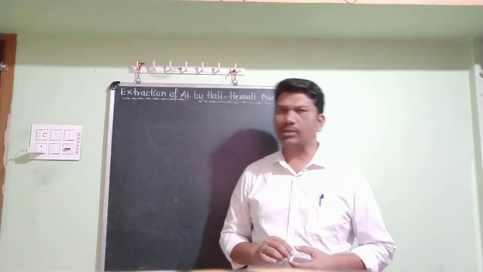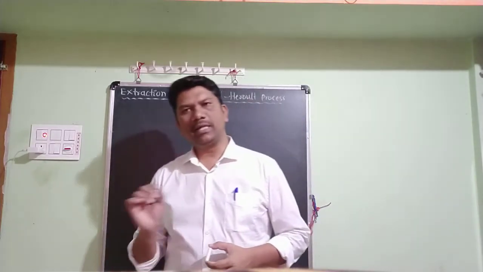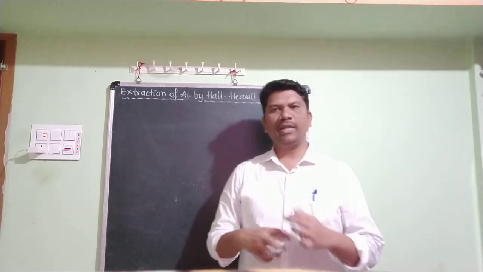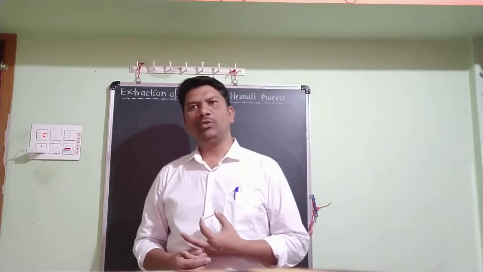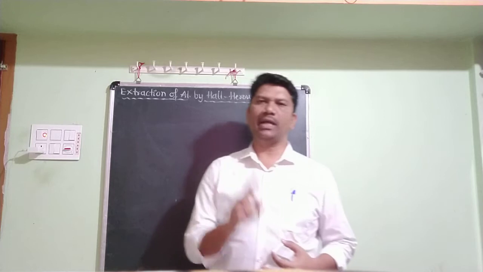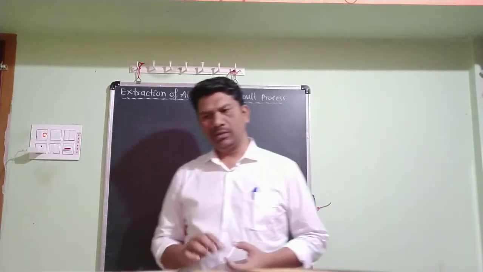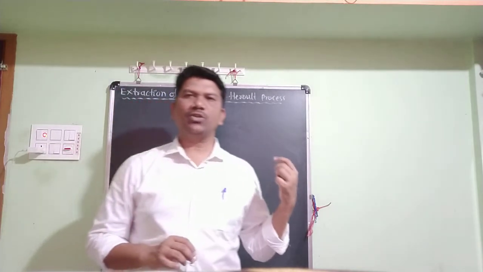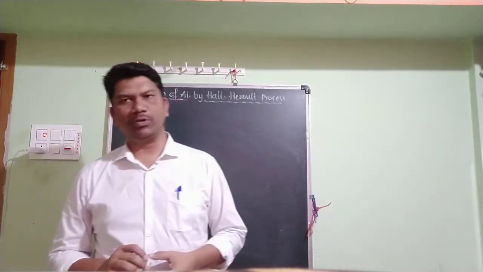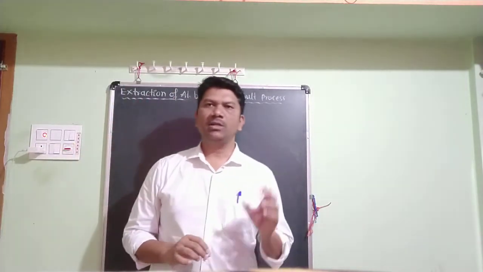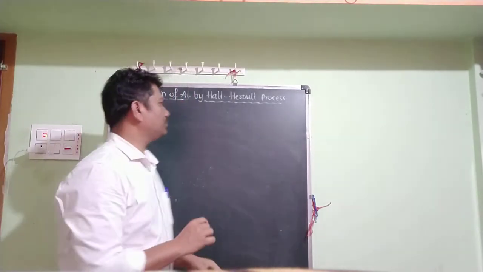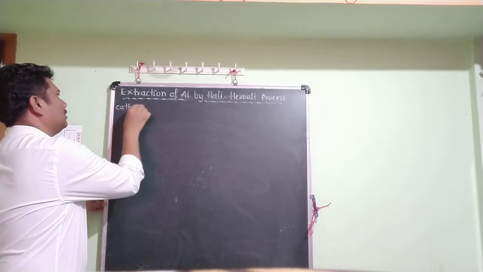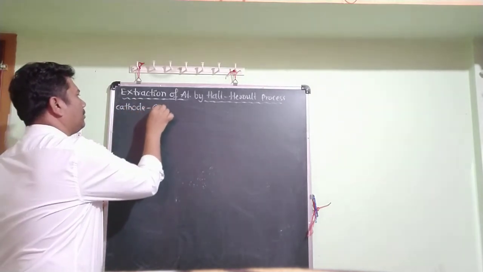One is cathode, second one is anode, and third one is electrolyte. In the extraction of aluminium by Hall-Héroult process, the cathode is carbon.